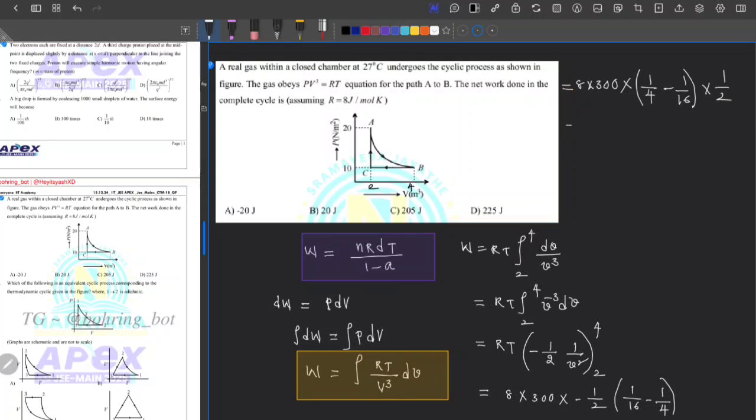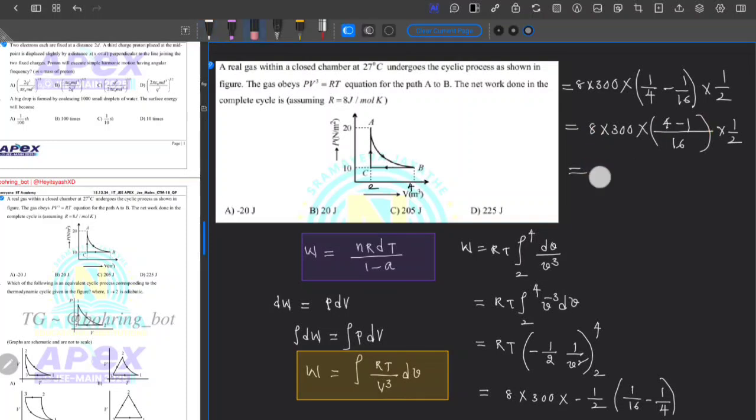So that is the work done. 8 into 300 into, this can be written as 3 by 16 into 1 by 2. So how much is it?